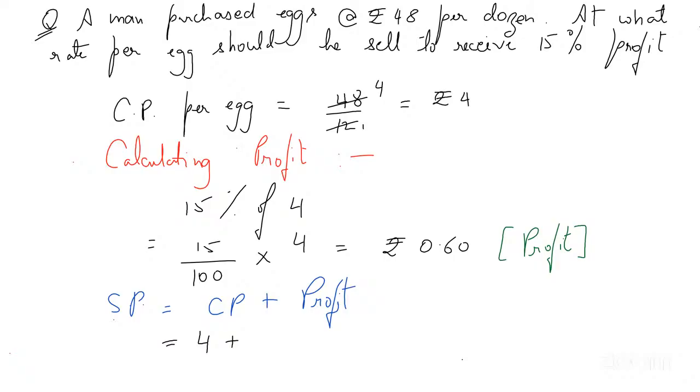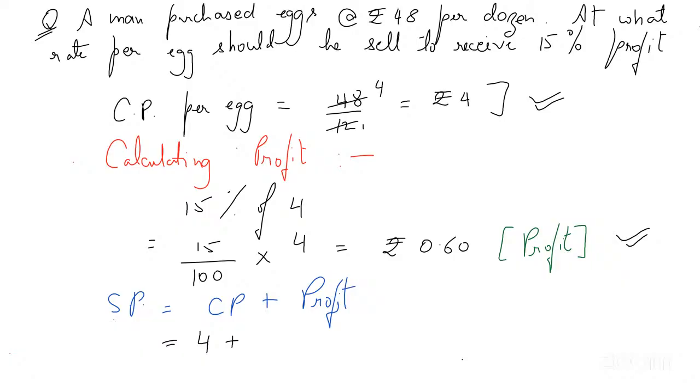So that is why we calculated per egg cost price, then per egg profit, and now we are calculating per egg selling price. So 4 plus profit.